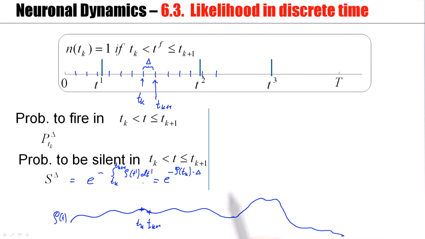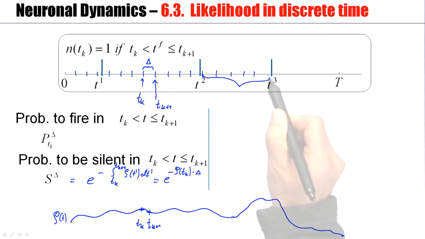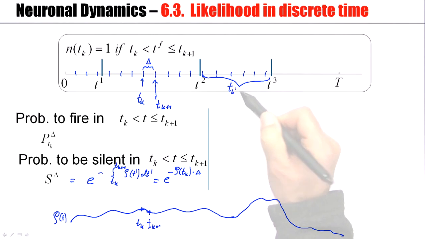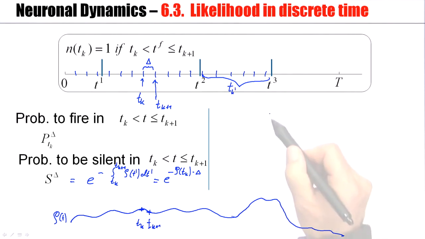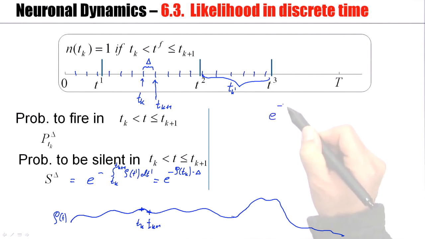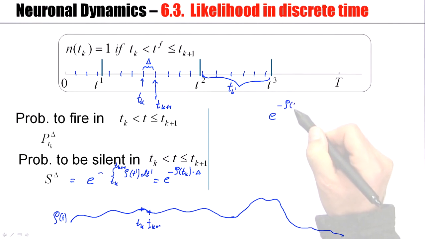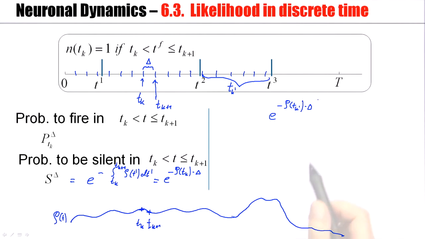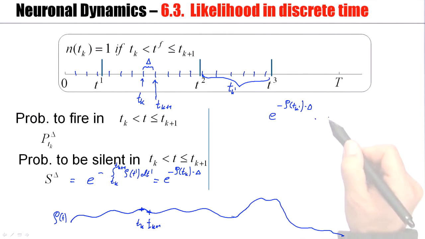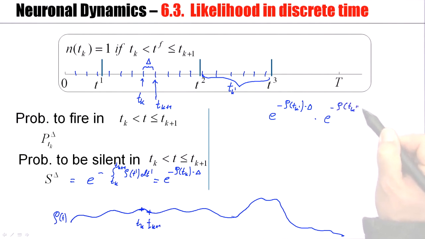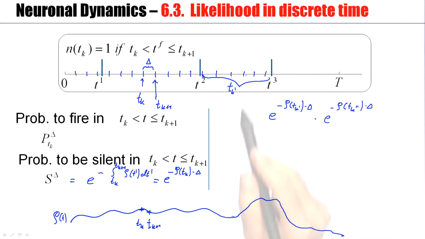So the probability to stay silent in these different time steps, time moments k prime, would be: you need to stay silent in one time step, say rho of tk prime times delta, and then you have to stay silent again in the next time step, tk double prime times delta would be the next time step.